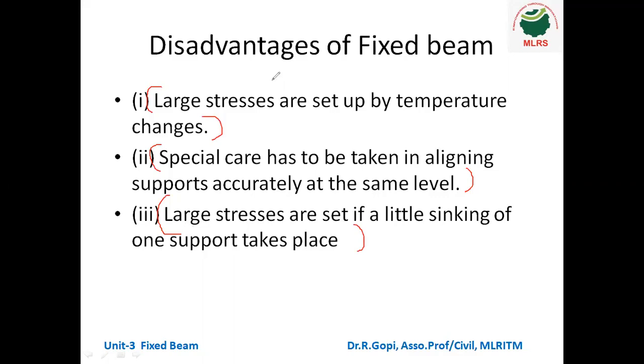More cracks will happen compared to a simply supported beam. A simply supported beam is a highly flexible beam, but a fixed beam is not flexible. It is highly rigid. Simply put, simply supported means a flexible beam, and a fixed beam is rigid.